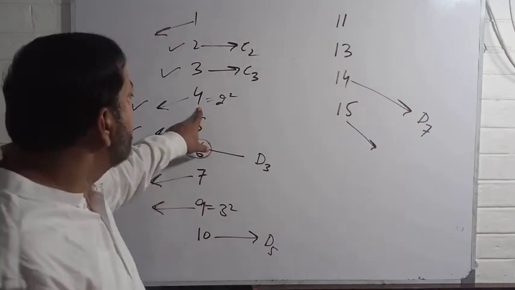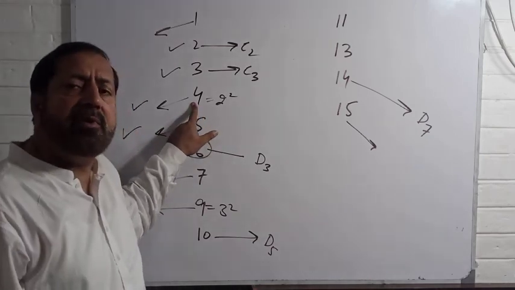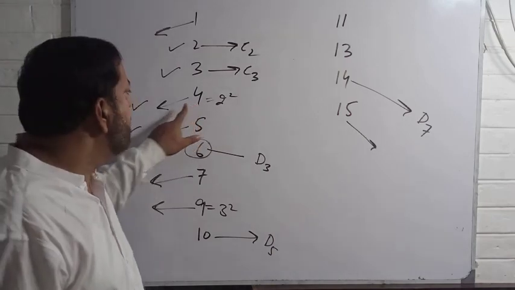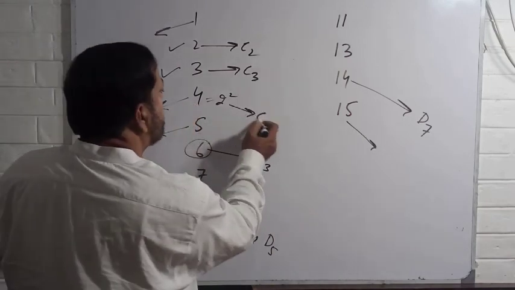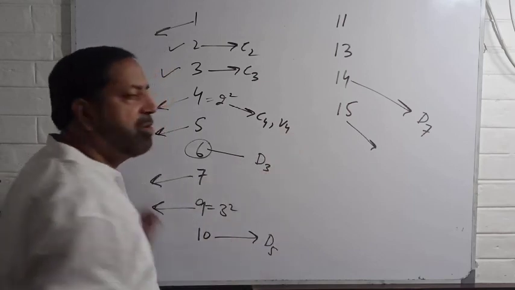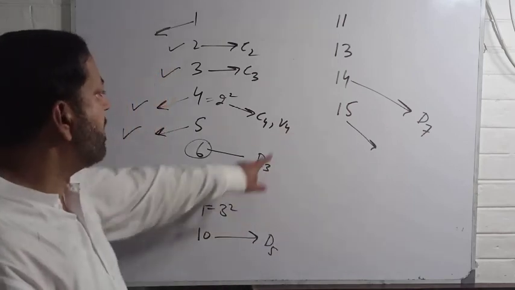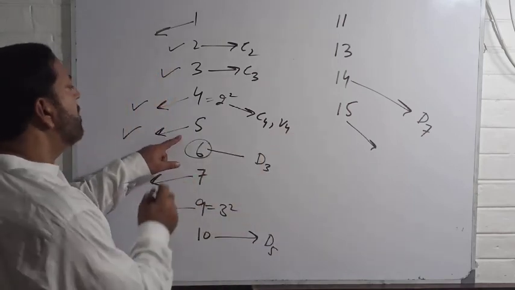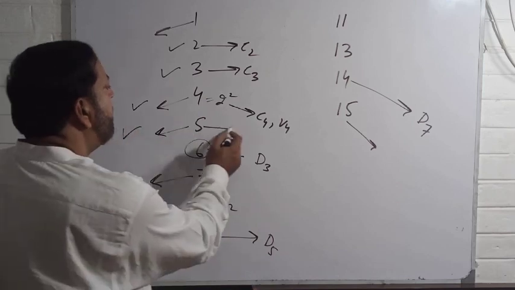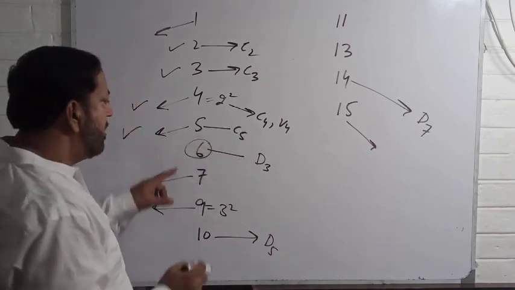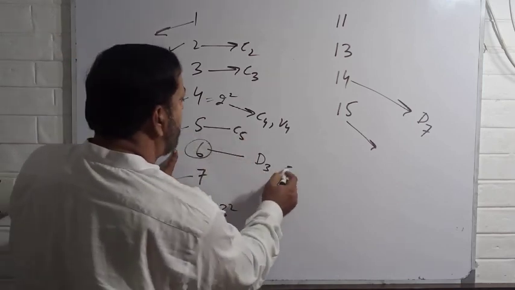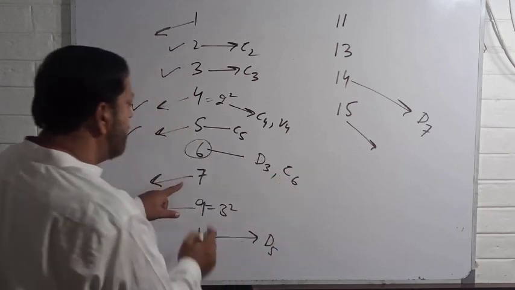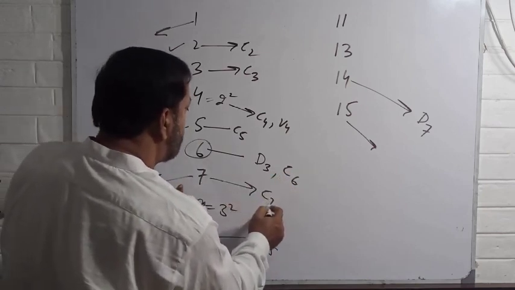So okay, there are two groups, one is C4 and the other is V4, but both are abelian. This is the Klein 4-group. And there is exactly one group of order 5, which is C5. There are two of order 6, one is D3 and the other is C6. There is exactly one, C7.